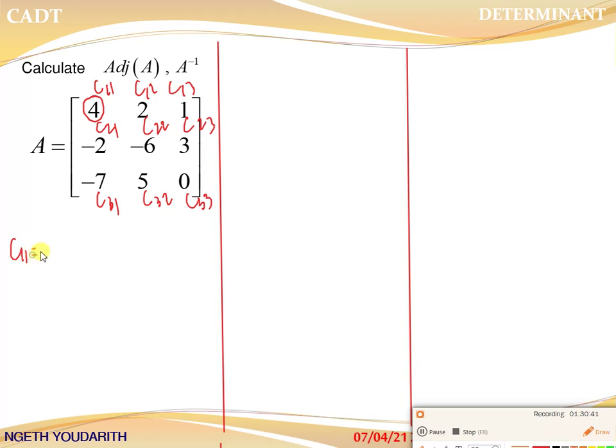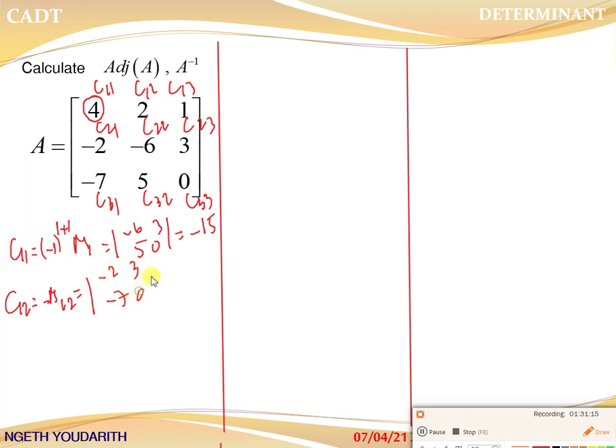C11 is equal to minus 1 to the power 1 plus 1, M11. So M11 is minus 6, 3, 5, and 0 is equal to minus 15. And C12, I write minus M12. M12, it means this one and this one. We have minus 2, 3, minus 1, and 0.